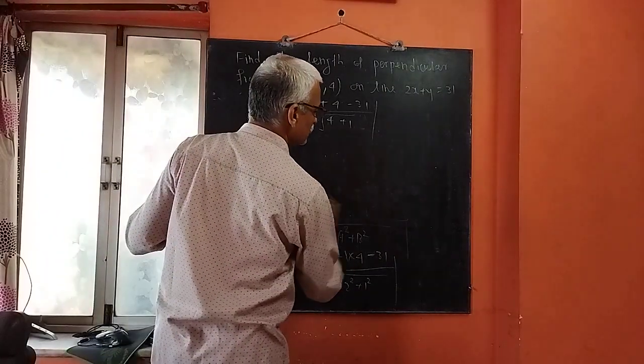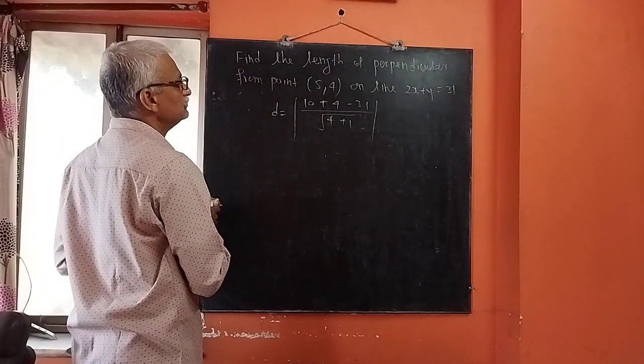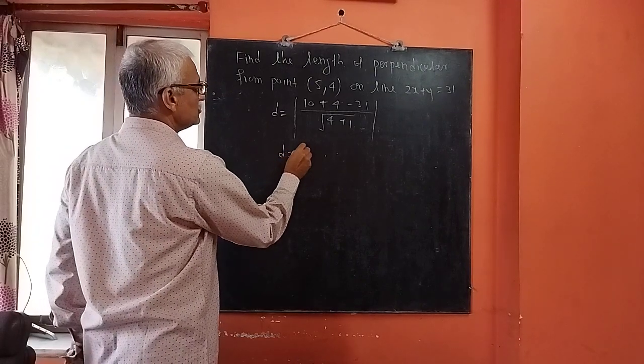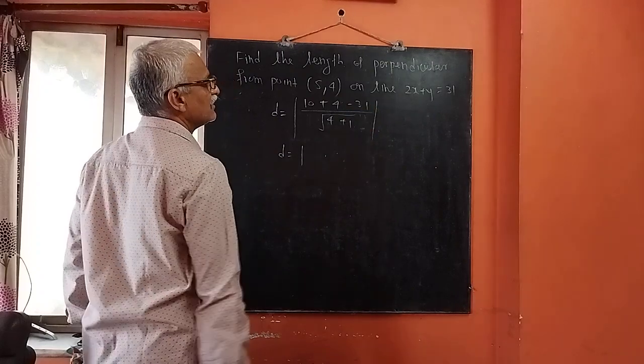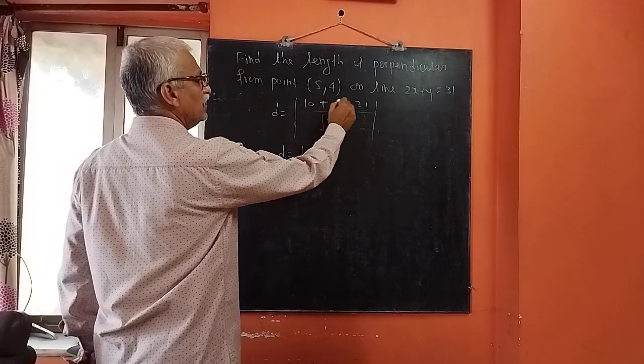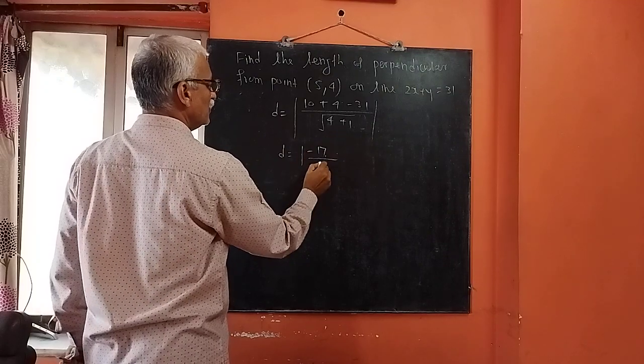So d equals to mod of 10 plus 4, 14, 14 minus 31, that means minus 17, upon root 5.